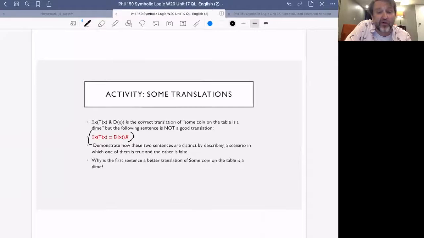Suppose there are no coins on the table, but I have a dime in my pocket. Well, then it is true that there exists some x, the coin in my pocket, such that if it were on the table, then it would be a dime, right? That coin is a dime, so if it were on the table, it would be a dime. But it is not true in this case that there is some coin on the table that is a dime. So this is the preferable translation for the some sentence, okay? So just be sure not to get tripped up on that. With the some sentences, we're going to use conjunction as opposed to conditional.